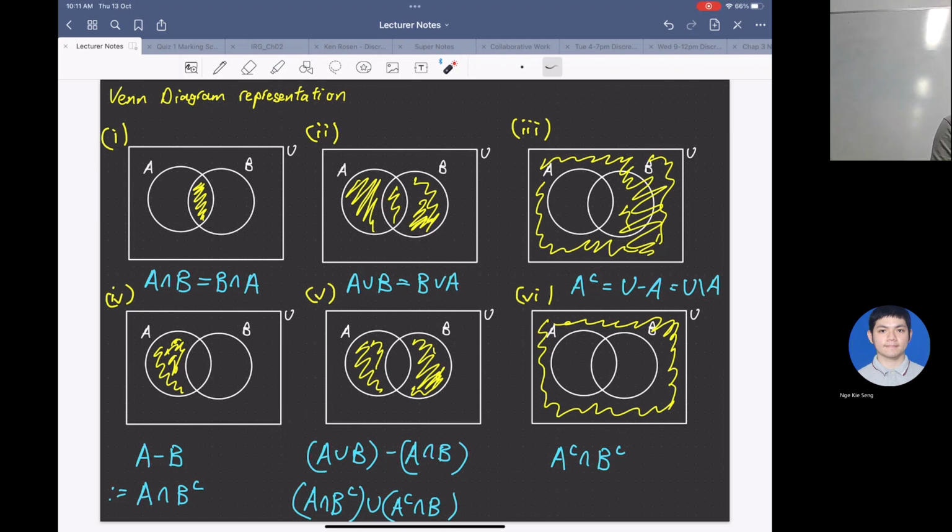And for six, someone says A complement intersect with B complement. Yeah. Any other answer?